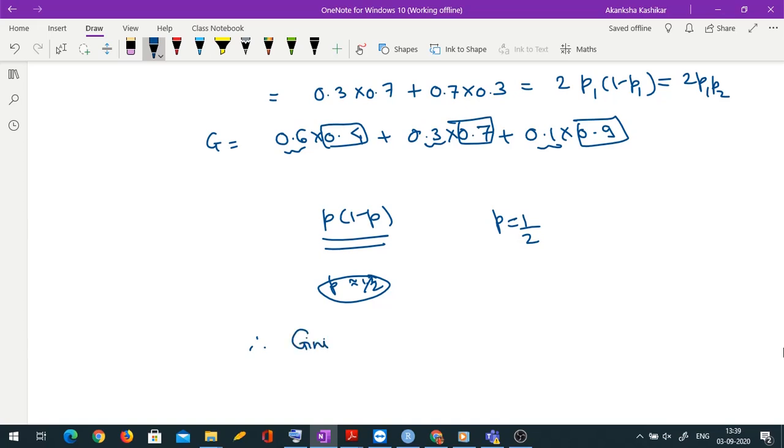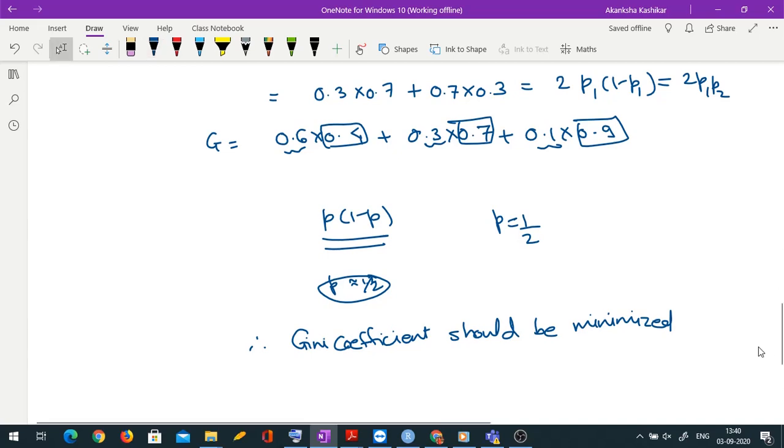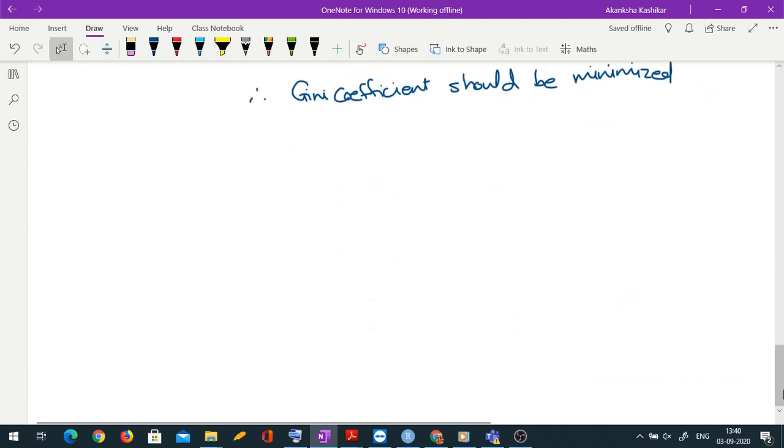To choose the best tree or the best node, you have to minimize the Gini coefficient. This is also known as a measure of purity of a node, because if a node is pure, then the Gini coefficient would be low. If a node is impure, the Gini coefficient would be high. What is meant by a pure node?